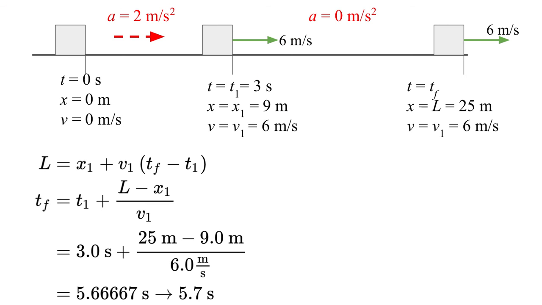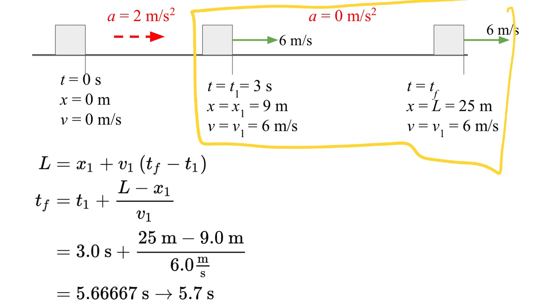So I put those in here, and now I'm going to consider this second part of the motion. And here, our final velocities have now become our initial velocities. We have initial position of 9 and initial velocity of 6. We are happily in a case where a equals 0. That's going to make life easier.